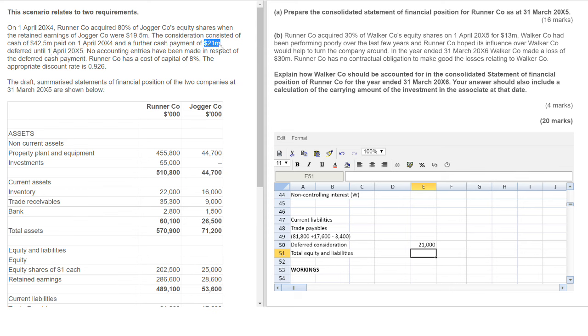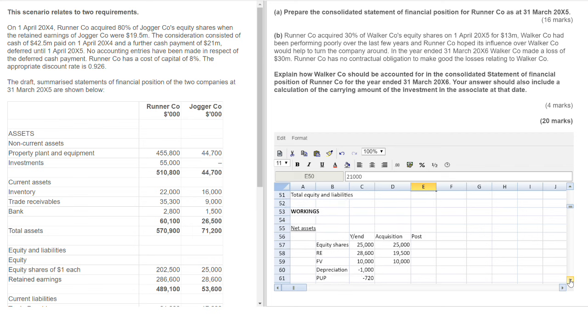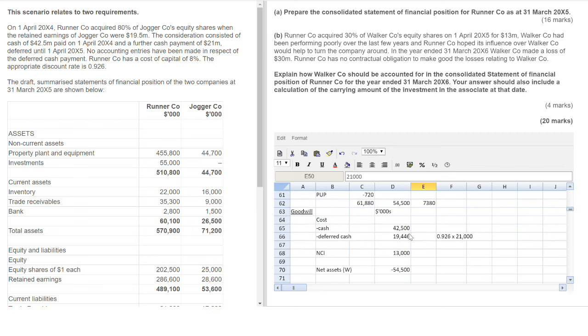So tomorrow we're paying 21 million. So the value of it is 21 million. However, do just be very careful. There's one little bit to consider, because we've unwound the discount. So we've increased the present value to the 21 million. We've increased it from the 19,446.